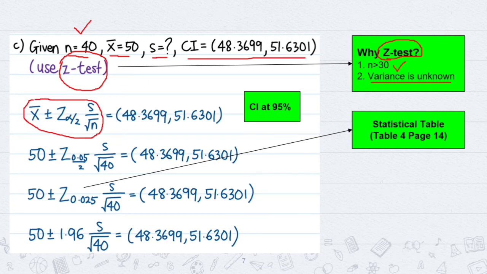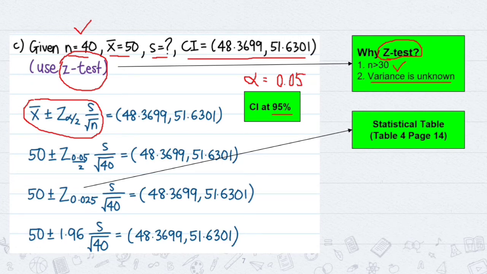x bar plus minus z alpha over 2 times S divided by square root of n equals CI. Remember that the question asks for CI at 95%, so alpha is going to be equal to 0.05.